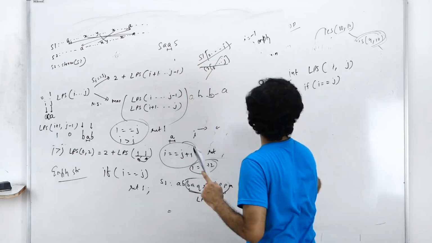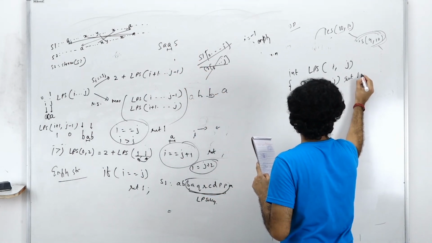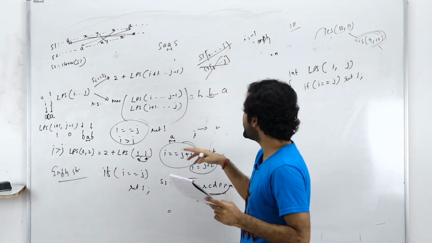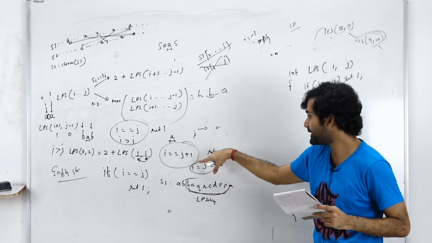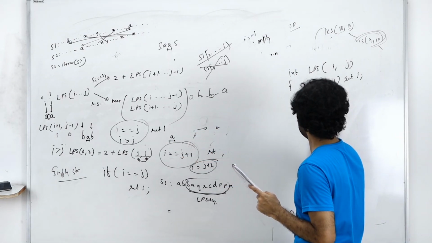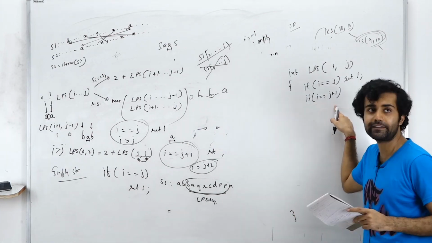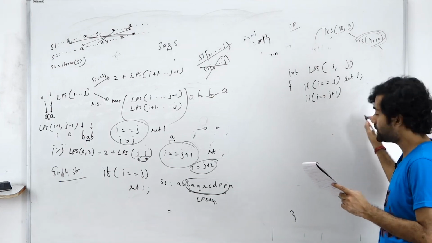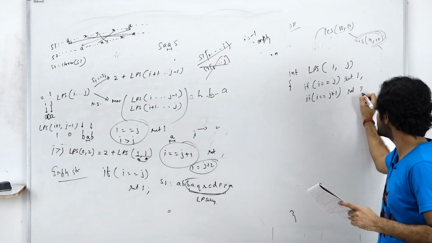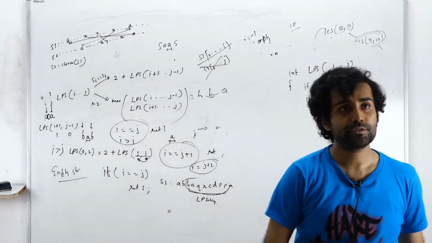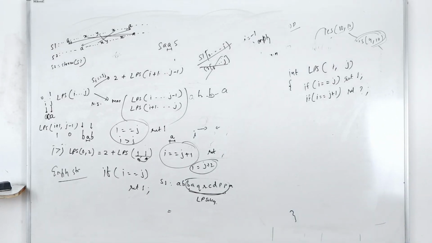So that will be the string itself, and I'll return its length, 1. The other case can be where my I overtook J, which corresponds to I becoming J plus 1. You can write it as I greater than J also, it's totally up to you. In this case, what should I return? I should return 0, right?